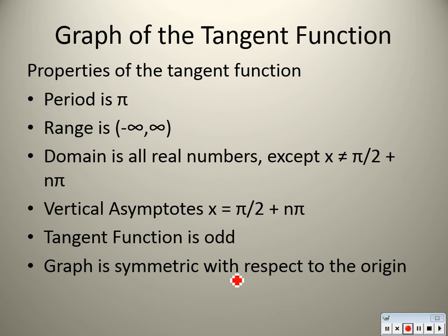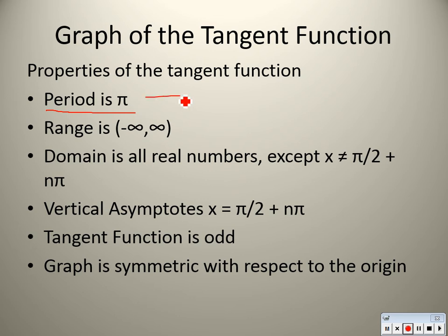So, the graph of the tangent function, just talking about some properties of the tangent function. The period, one of the more notable differences between sine and cosine and tangent, the period is pi. If you recall, when we were working with sine and cosine, the period for those functions was 2 pi, and the formula for period was 2 pi over b.